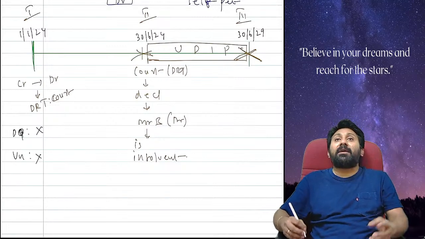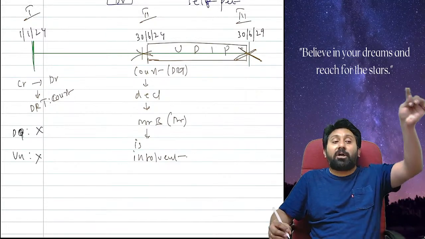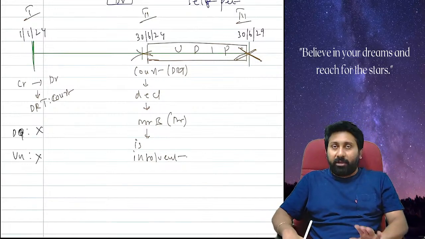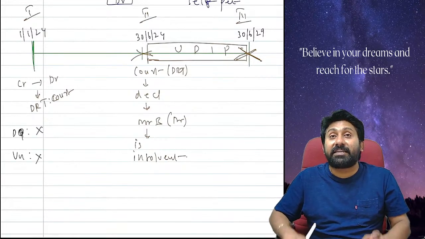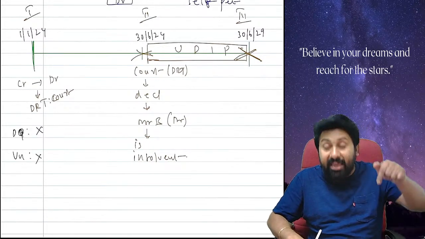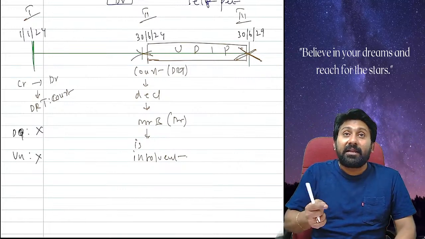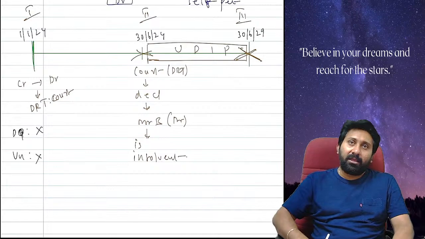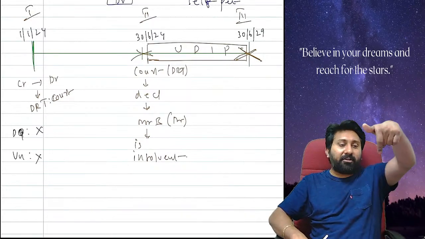What is UDIP? Undischarged insolvency period. Undischarged insolvency is for a period, declared from 36/24 to 36/2029. Period: disqualification. Point of time: vacation.